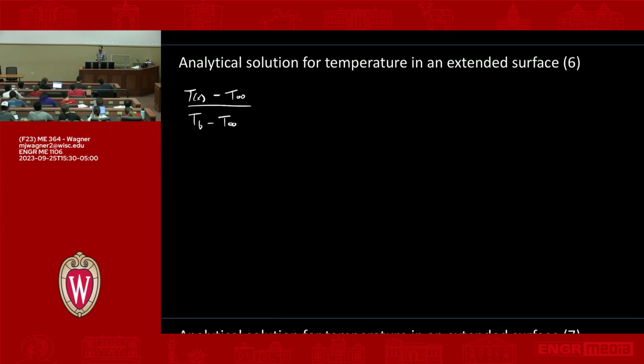This is a normalized temperature, Kelvin over Kelvin. This is going to be a number between 0 and 1, right? Because T infinity is the lowest sink temperature in the system, and Tb is the hottest as far as the fin is concerned.